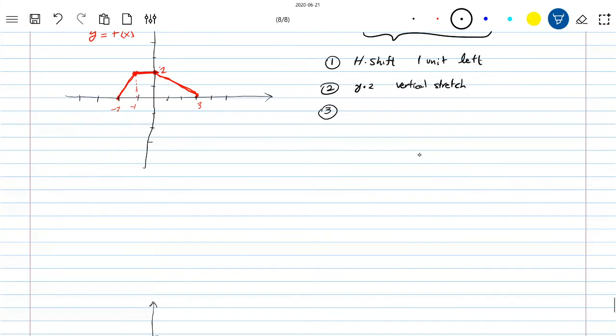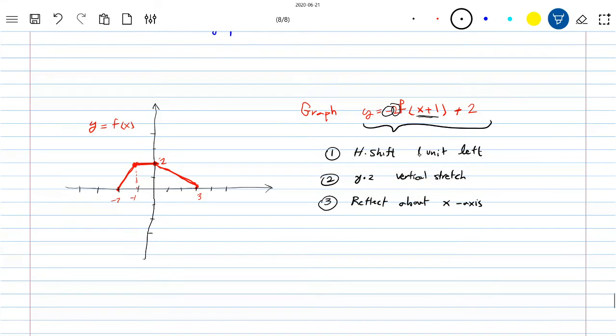So the third step would be to reflect about the x-axis, because you want to change all the y values from positive to negative or from negative to positive. And finally, the +2 at the end, that would be the fourth transformation. This is a vertical shift.